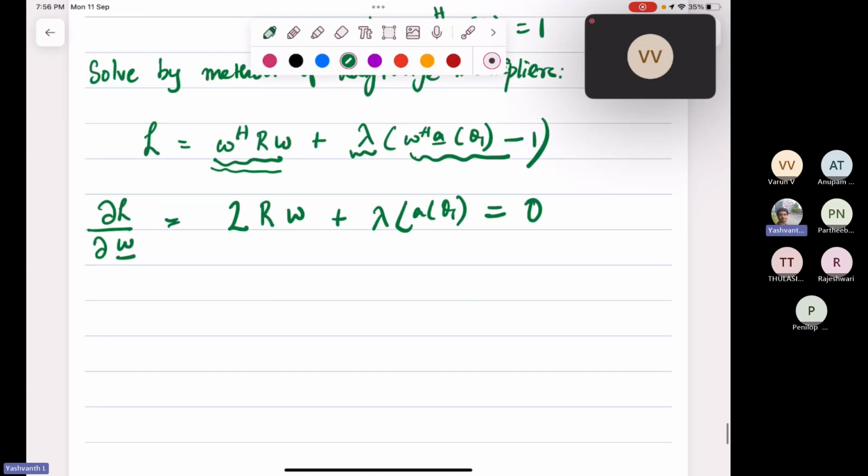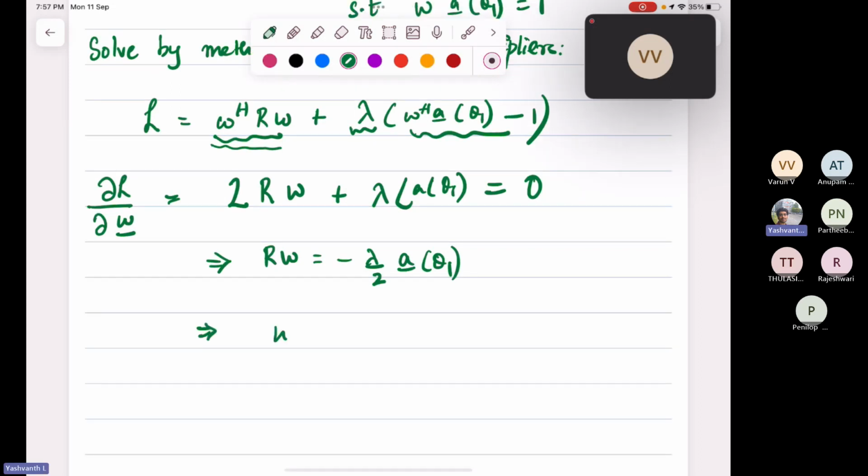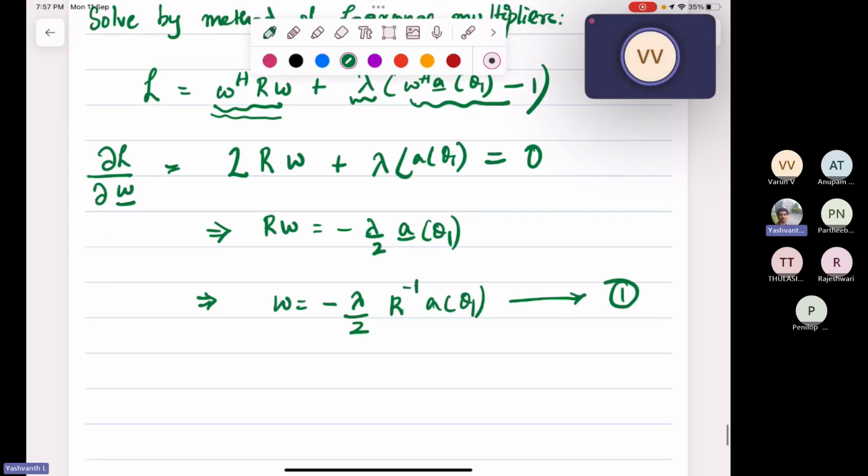That's what I've done. So what you get here implies RW is equal to minus lambda by 2 into A of theta 1. Or W equal to minus lambda by 2 into R inverse of A of theta 1. Is this okay? Fine.